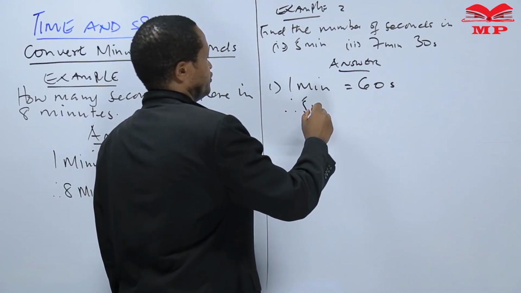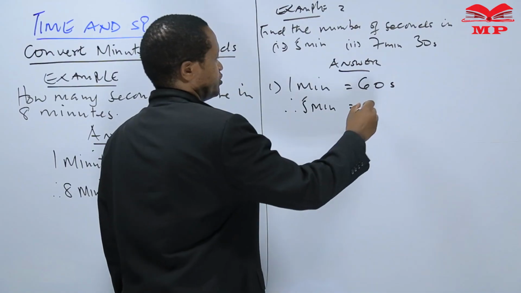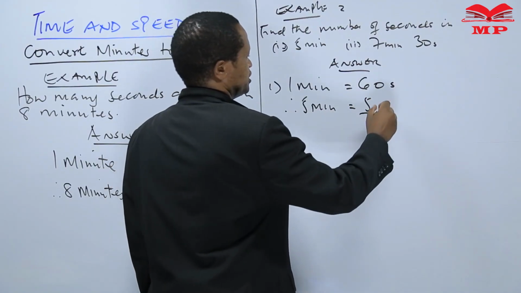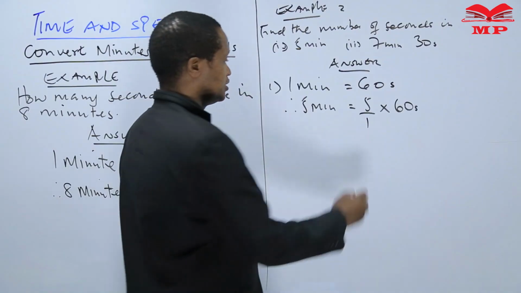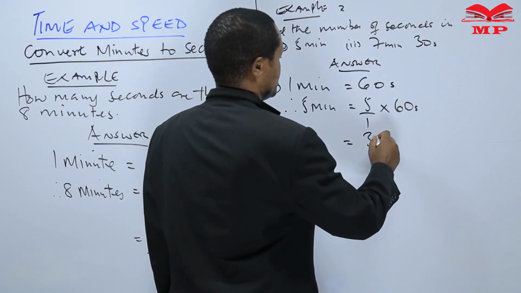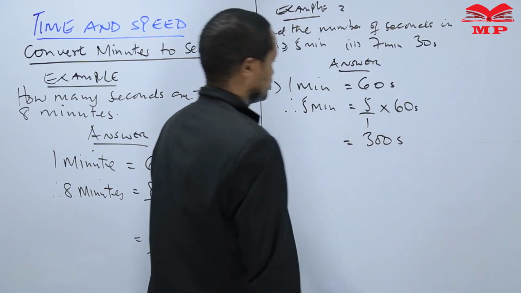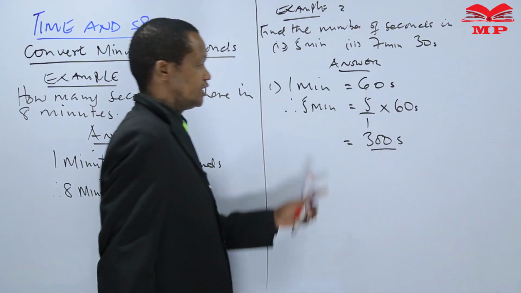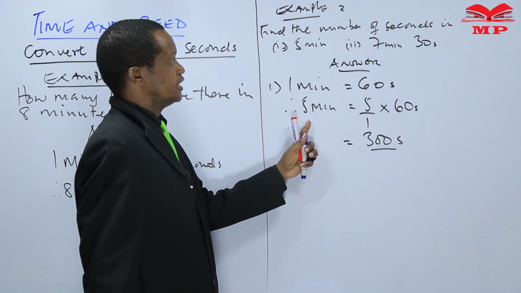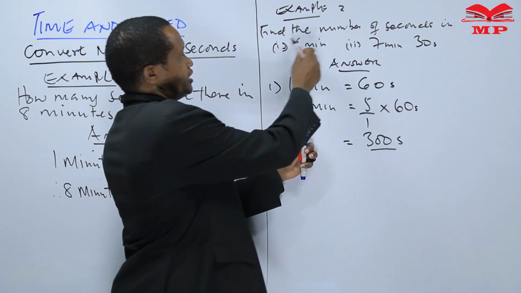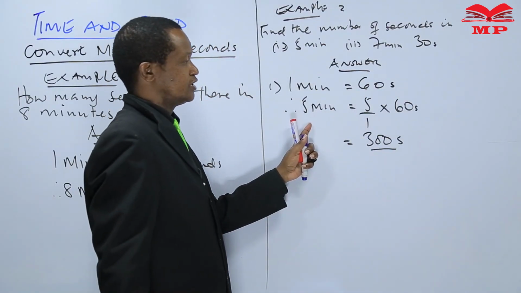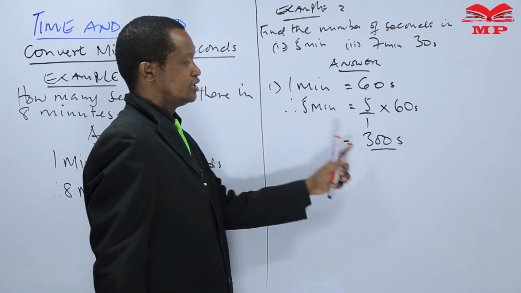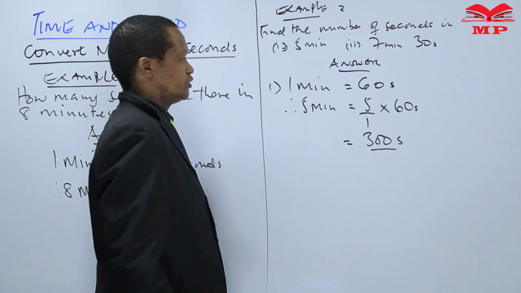Therefore, 5 minutes will be equal to 5 over 1 times 60 seconds, which is equal to 300 seconds. So the number of seconds in 5 minutes is equal to 300.